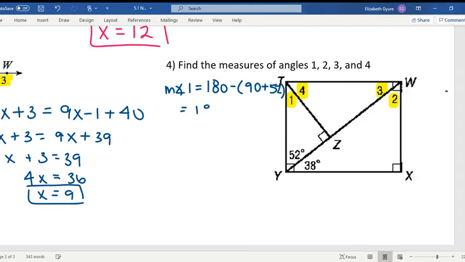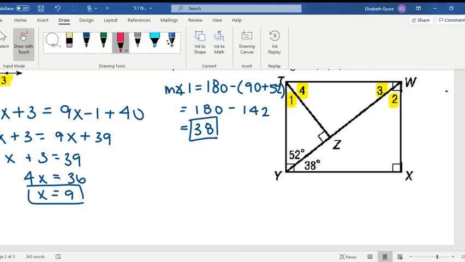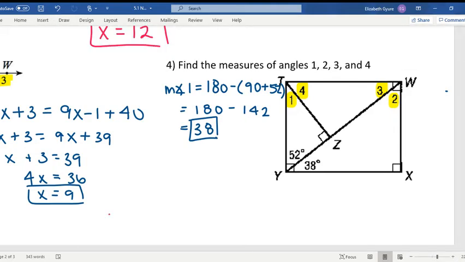That's going to give me 180 minus 142, which is going to give me 38. So I know that angle 1 is 38. Somebody at home, what do you think I could do next? Any suggestions, people at home?